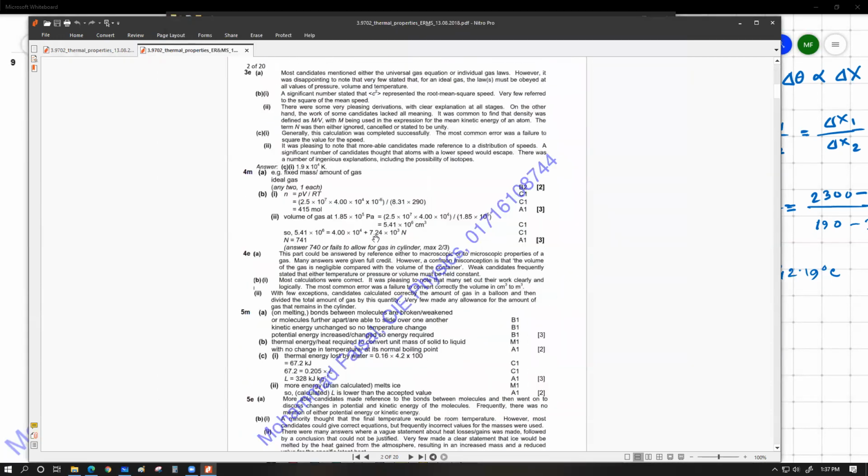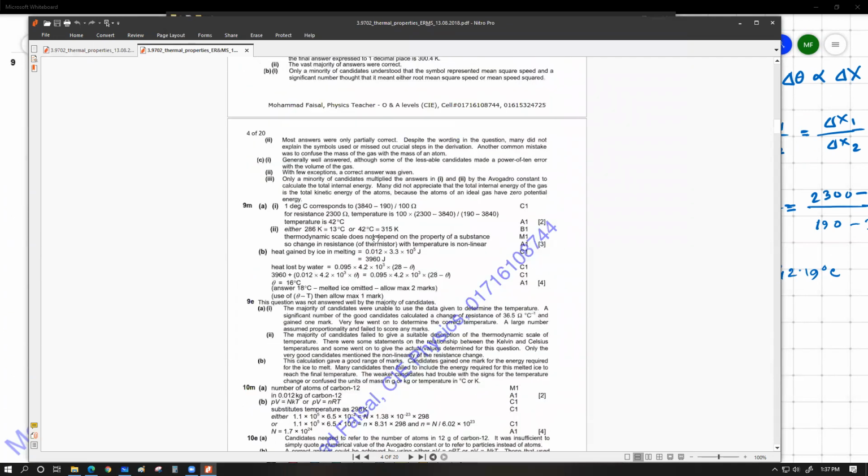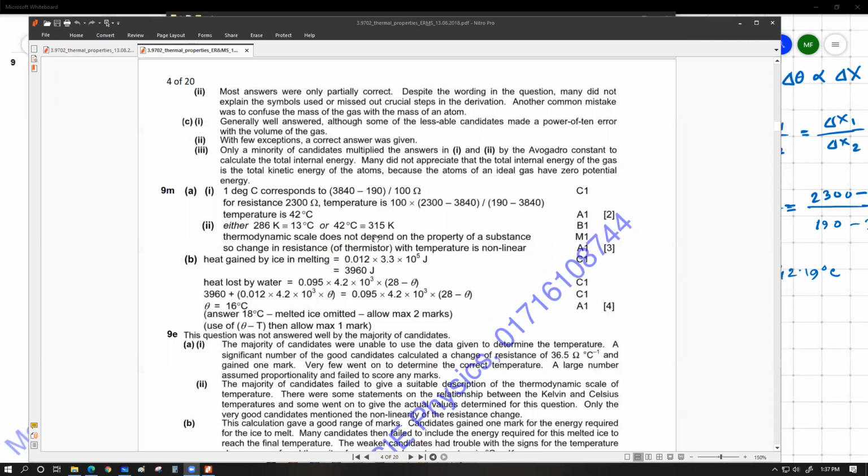This is question number 9, A2. It says 286 Kelvin is equivalent to 13 degrees Celsius, or 40 degrees Celsius is equivalent to 315 Kelvin. So they just give us a certain conversion. Thermodynamic scale does not depend on the property of a substance.